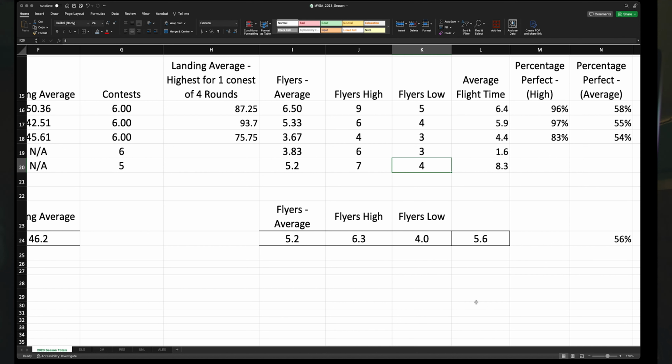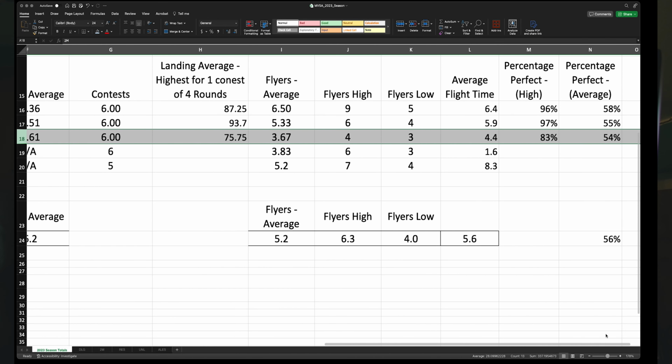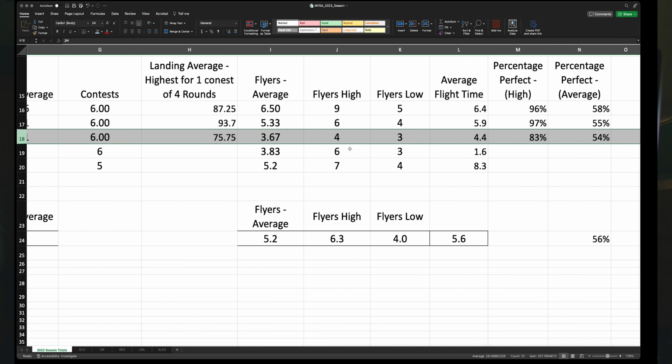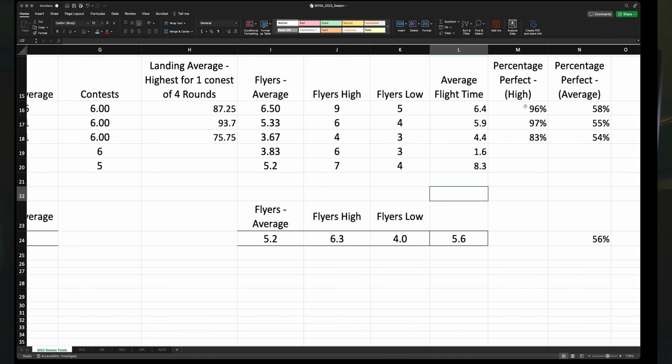Unfortunately, we see 2 meter here, and 2 meter is something that kind of lagged behind last year. Flyers high is 4, flyers low is 3. But we know that to be false because we did have several contests where we didn't have enough people to compete.